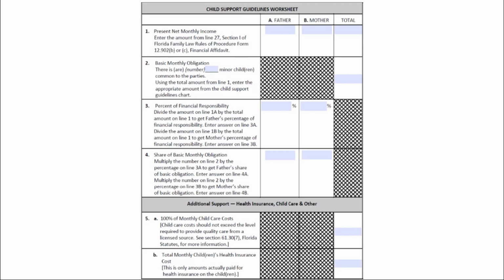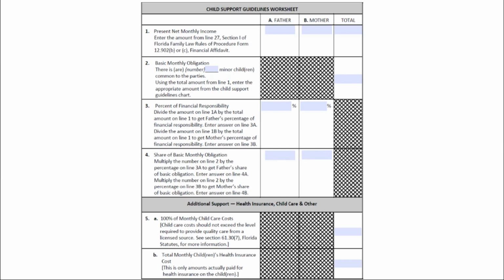Once you are able to locate the present net monthly income for each party, make sure to put it in the appropriate spot provided under row 1 and below column A and column B for the parties. Once you have entered both present net monthly incomes, make sure to total those incomes together on the right-hand column, which is labeled Total.